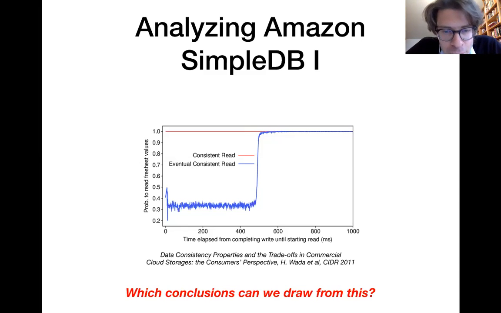If we read immediately after the write, then we have a chance of 1 in 3 to get the right replica, which already has the most up-to-date version. And then every half second or so, those different replicas synchronize, so your update is propagated to others. That would be one reasonable assumption in line with the experimental results that we see here.